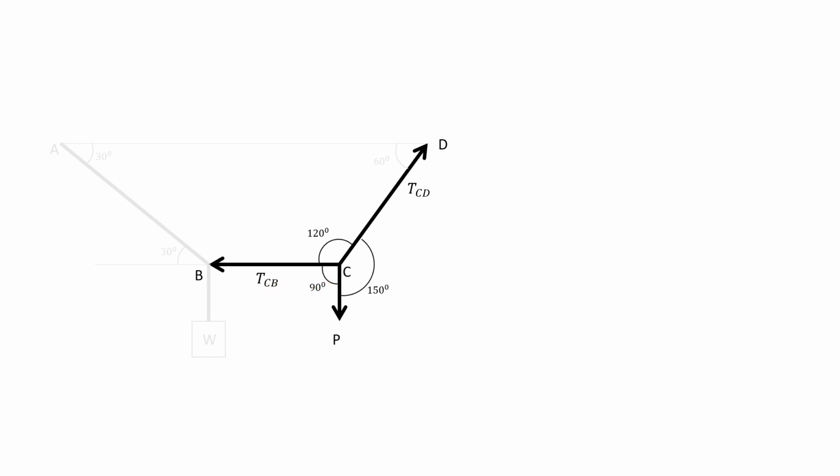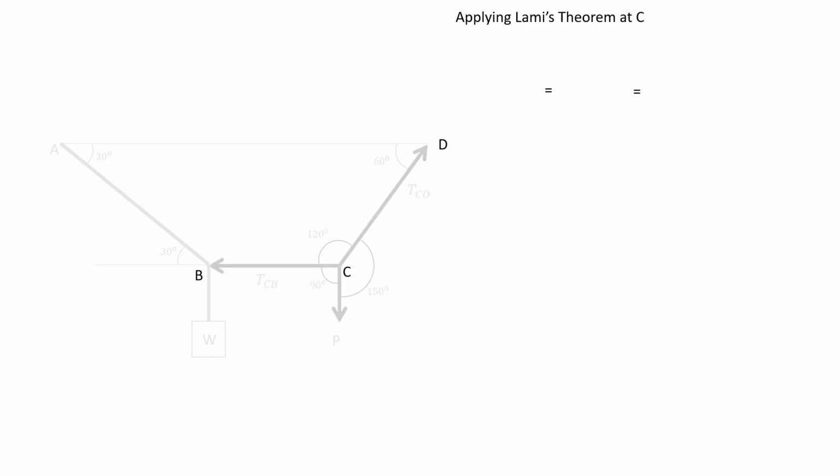Now applying Lami's theorem, TCB by sine of angle between other two forces, TCB by sine of 150 equal to TCD divided by sine of angle between other two forces, TCD by sine 90, that is equal to P by sine of angle between other two forces, P by sine of 120.